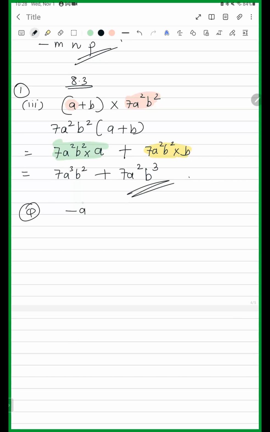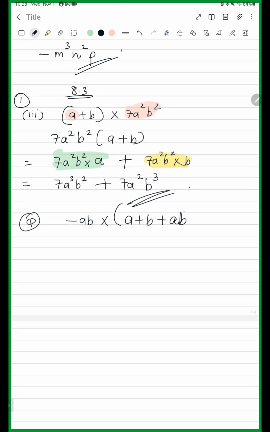Minus a. Okay, wait. Minus AB multiplied with a plus b plus AB in a bracket, then minus a raised to the power 3.